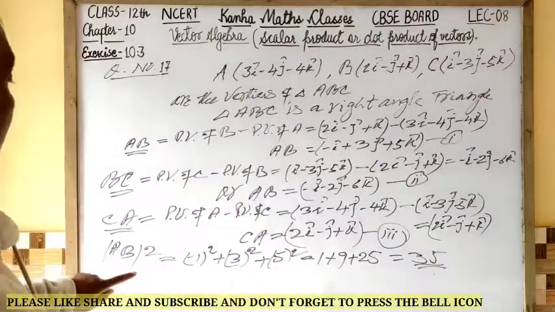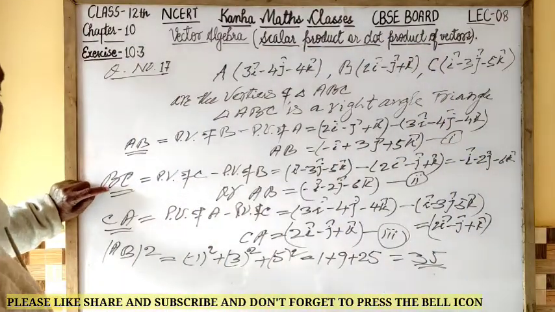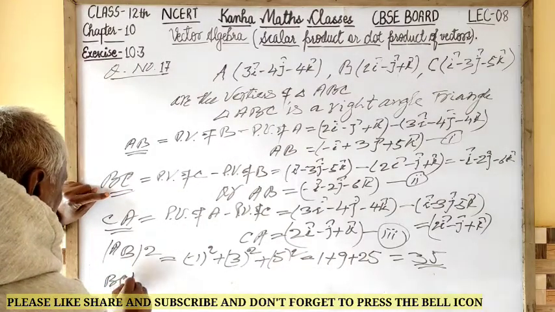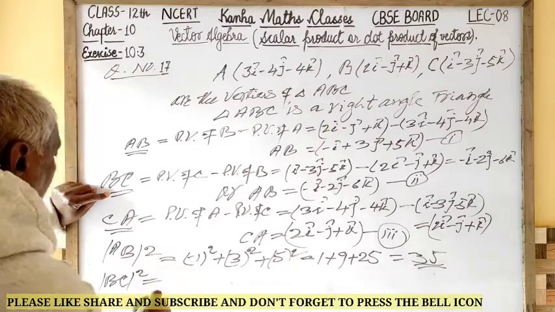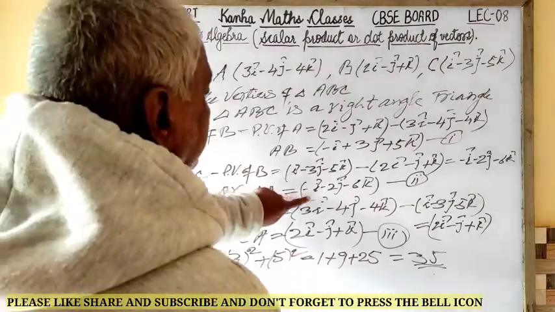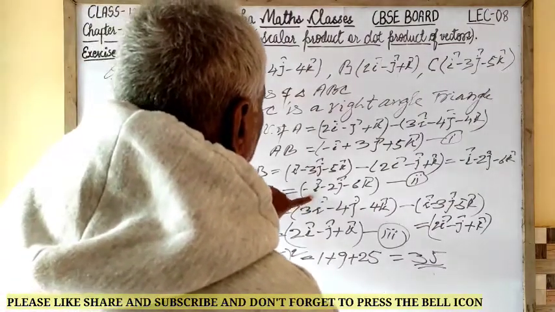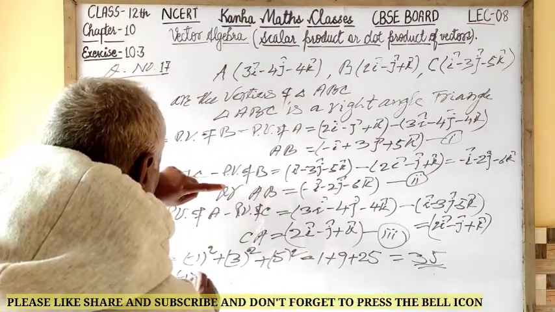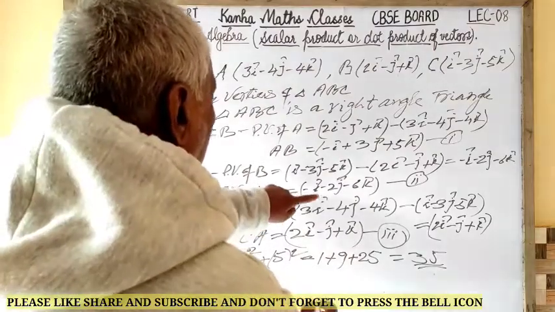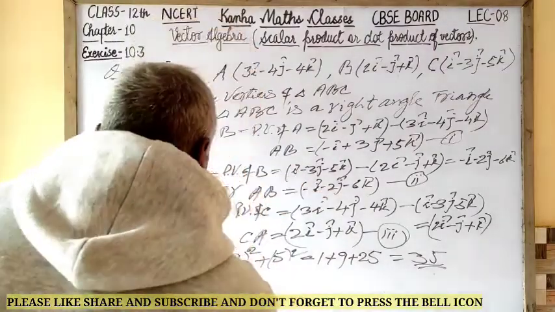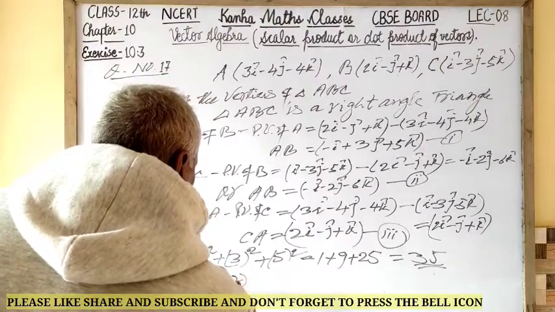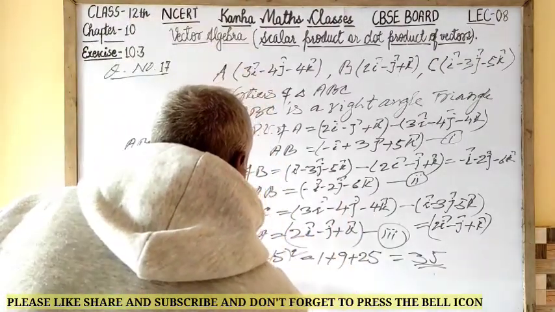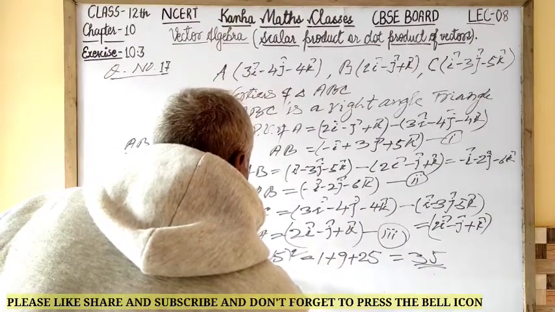Similarly, square of the magnitude of the vector BC, from equation 2, is minus 1 square plus minus 2 square plus minus 6 square.